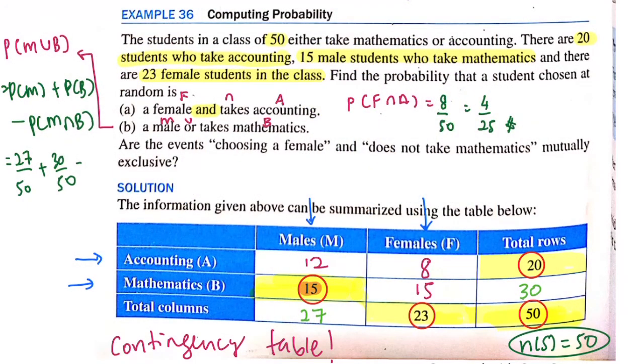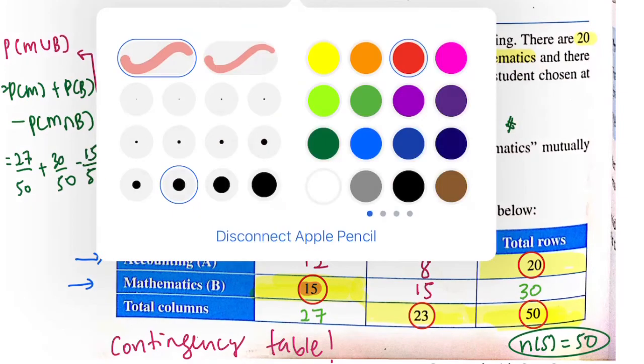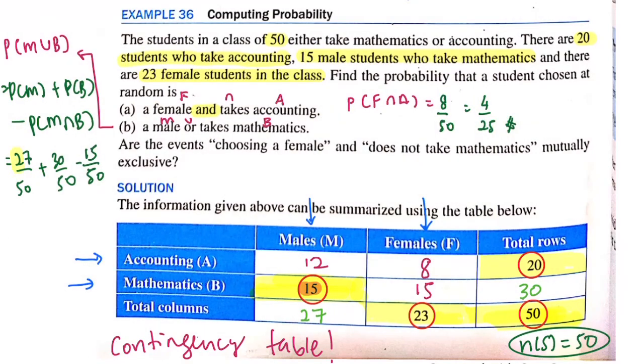So let's write here 15 over 50. So now we need to solve this formula so that we'll get the answer for our question. Just use your calculator, then you'll get your answer, 21 over 25.